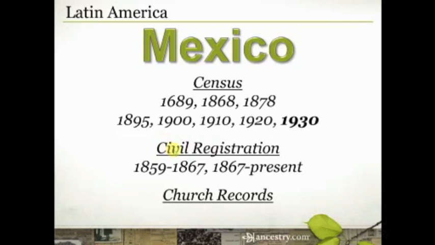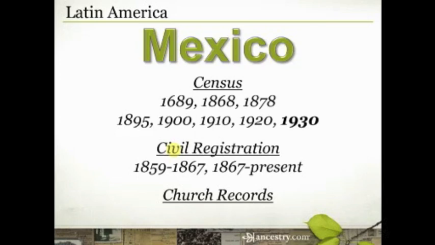So civil registration records birth, marriage, and death. Church records record christening, right, which also sometimes includes a birth date. A child could be christened right after they were born, or they could be christened when they were 2.5 years old, right? The father just decided to take all 3 of the children down and have them all christened at the same time.